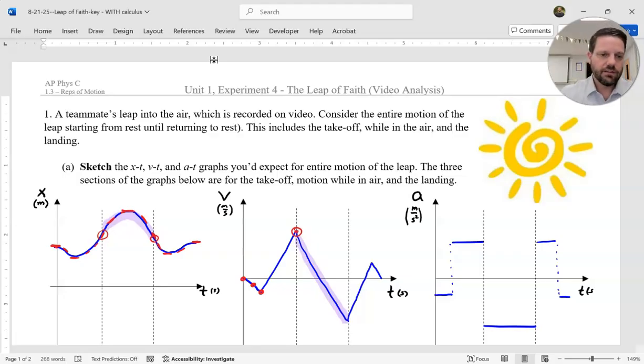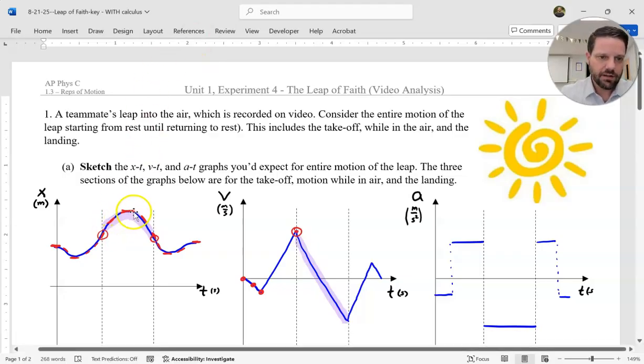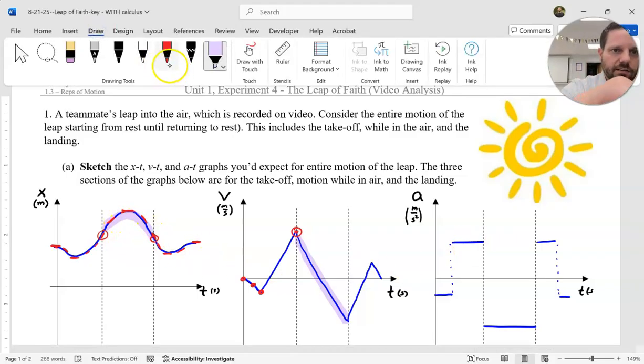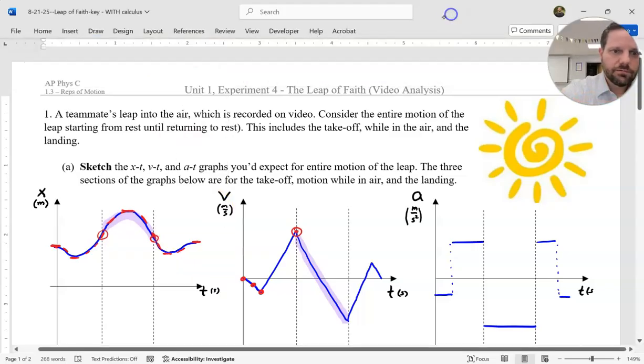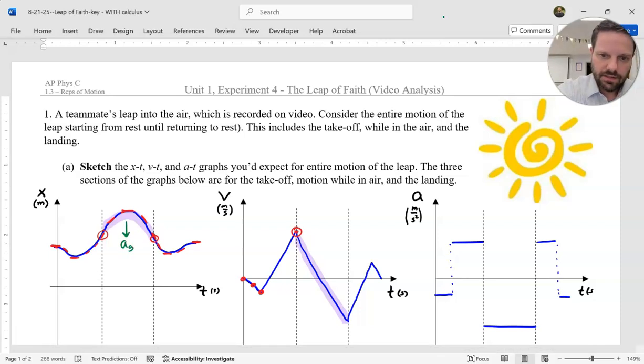So you can see the consistent parabola that we have on this middle section while he's in the air that has a concave down is when he is experiencing an acceleration down due to gravity. That slope is going to also be the acceleration of gravity, right? That slope.